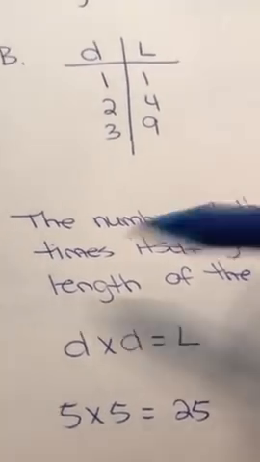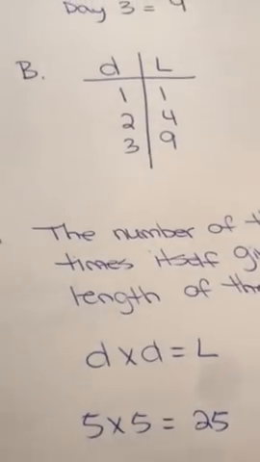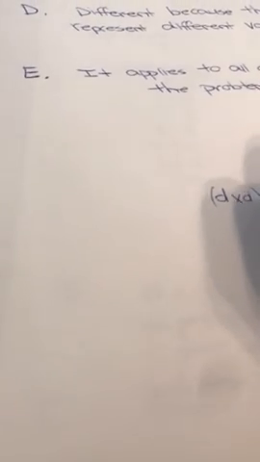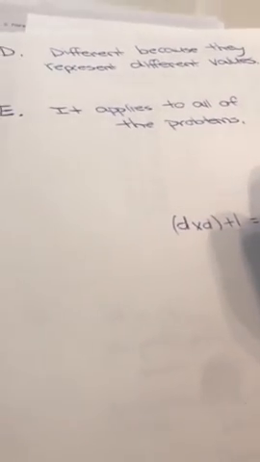Anybody have an idea of how this original one would change if I wanted to include the head? If you were thinking D times D plus 1 equals L, you would have been correct.